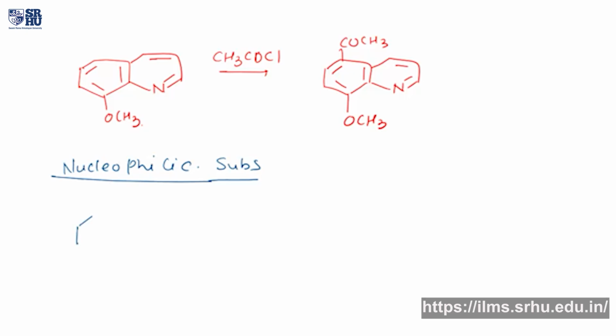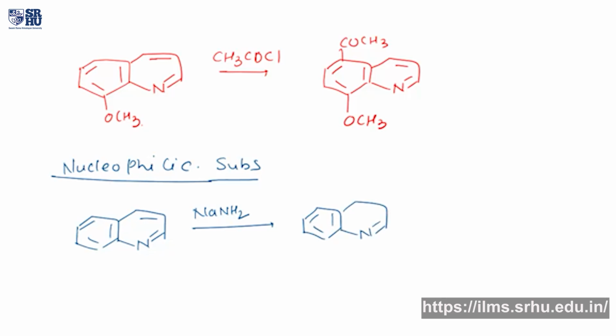So if you react quinoline with NaNH2, sodamide, which is a source of NH2 negative ion, it will attach the NH2 at the 2nd position. You can also attach many other groups, like a butyl group, at the 2nd position. So this is the nucleophilic substitution given by quinoline.